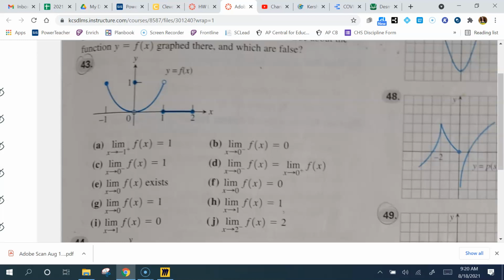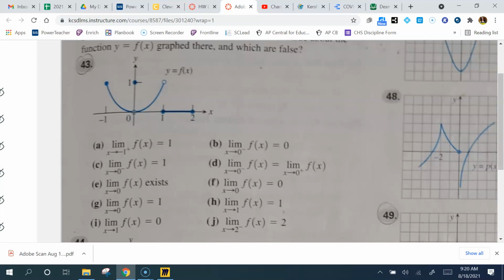All right, so C is false because of 0 from the left. If I approach from the negative side and come closer and closer to 0, my graph is getting closer and closer to what? 0. It doesn't matter that it's jumped up to 1 right there. It might be 1 there, but it doesn't approach 1. I thought as they move towards 0, it was going to 0.